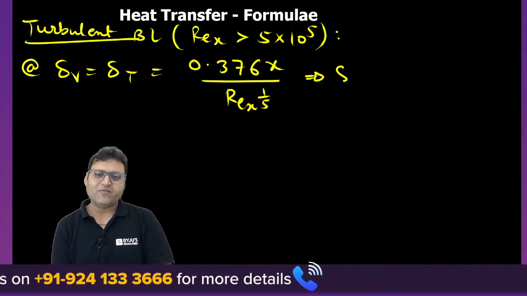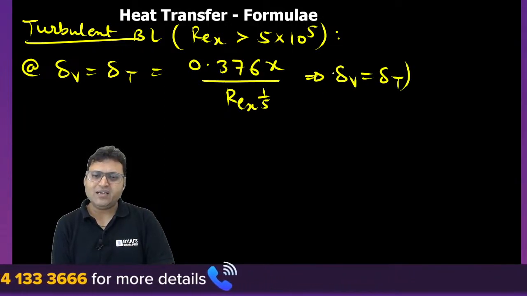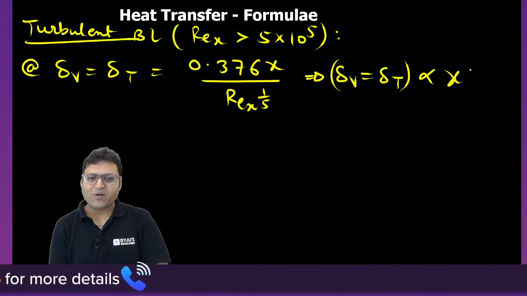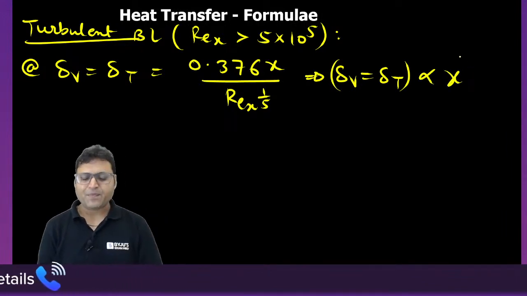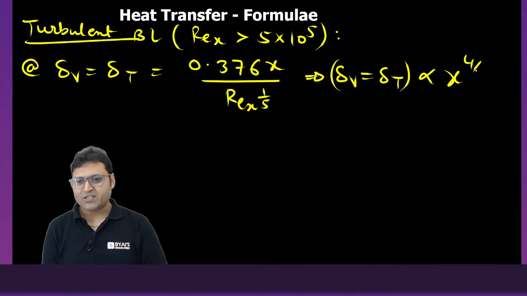So from here we can say delta V is equal to delta T is proportional to x to the power 1 minus 1 by 5, that is 4 by 5 or 0.8.